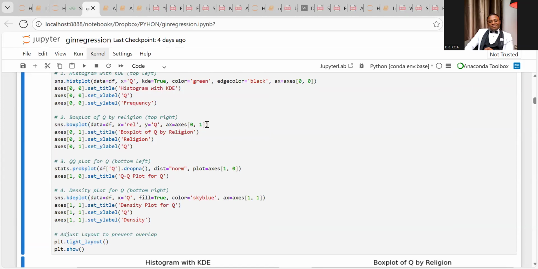Let me see whether you can change the color to rainbow. Let me try and see whether that will come.